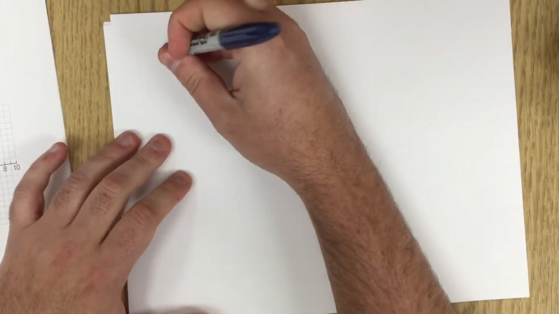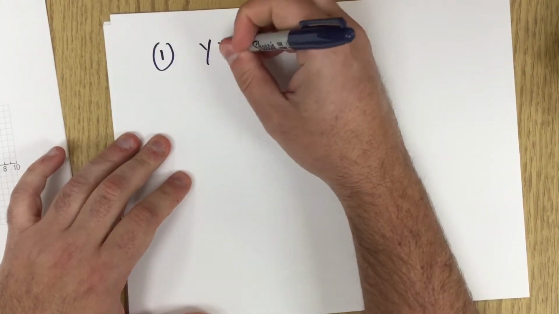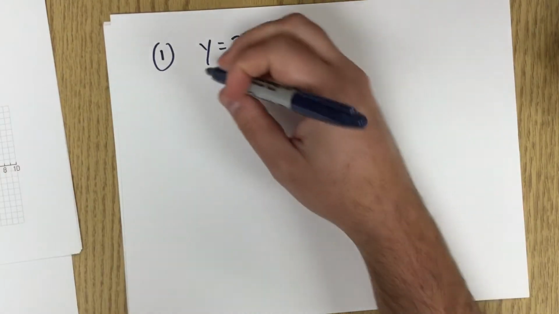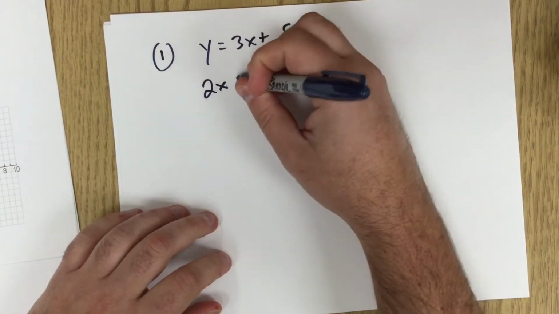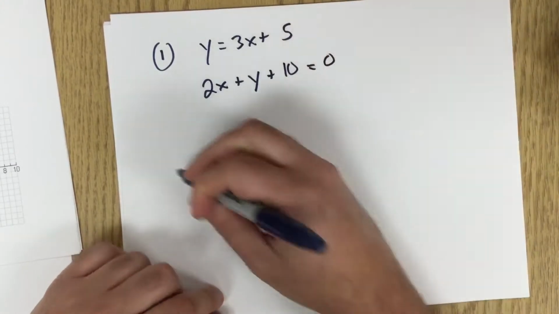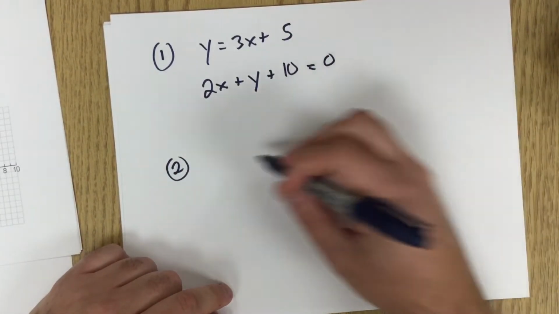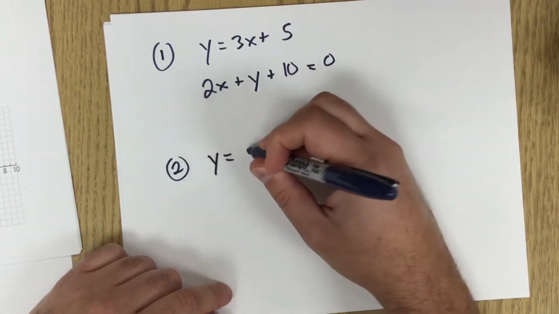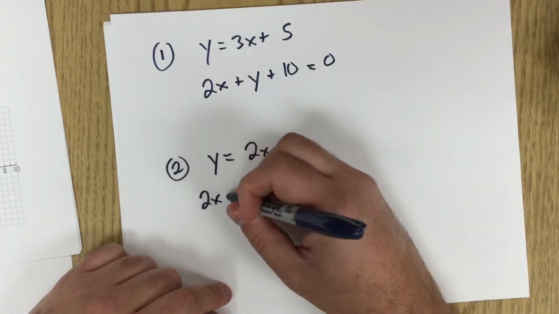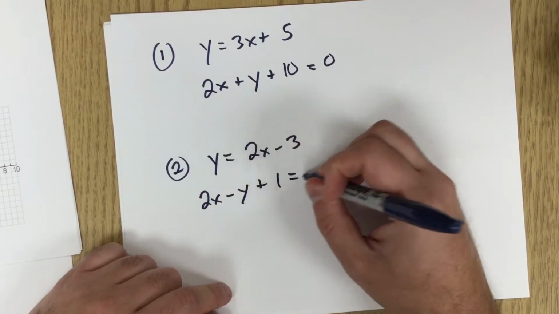System number 1 is going to be y equals 3x plus 5, and 2x plus y plus 10 equals 0. System 2 is going to be y equals 2x minus 3, and then 2x minus y plus 1 equals 0.